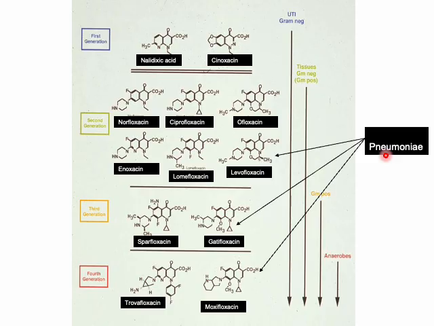However, if we want to consider fluoroquinolones, then we can give levofloxacin, gatifloxacin, or moxifloxacin. We call those the respiratory fluoroquinolones. We call them as such not because they are given by respiratory route, but because they are good to cover bacteria that we consider in community-acquired pneumonia, gram-positive, gram-negative, and atypical bacteria.